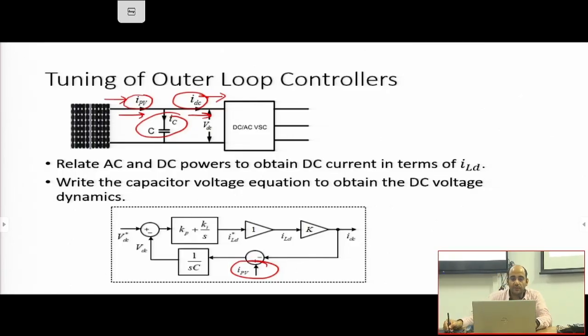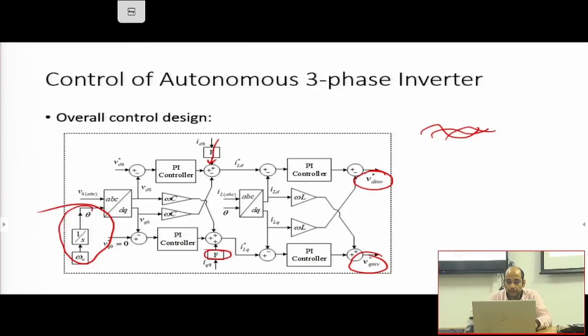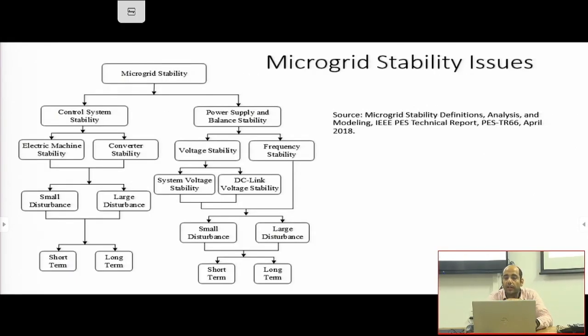What if there is instability and this voltage falls? The voltage collapses here, right? So there could be DC link voltage stability issues also. Okay. So in a microgrid, you can have voltage stability that can be system voltage stability, and then there could be DC link voltage stability.